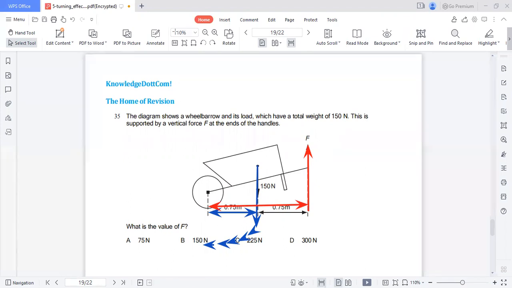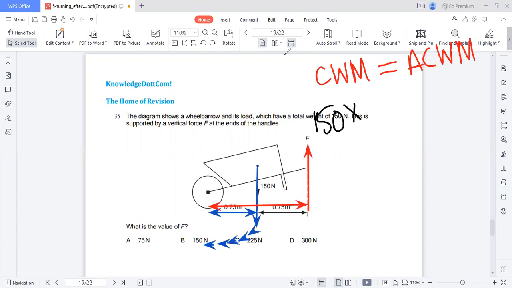We know that the clockwise moment equals the anti-clockwise moment. The clockwise moment is the blue one. 150 is the force and 0.75 is the perpendicular distance. So 150 times 0.75 is around 112.5. Approximately this would be the figure.